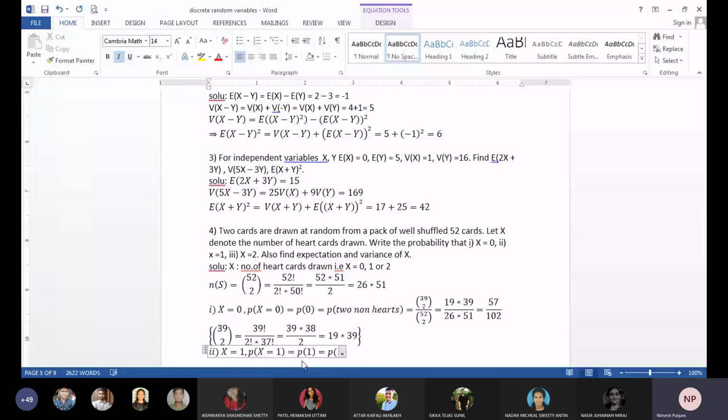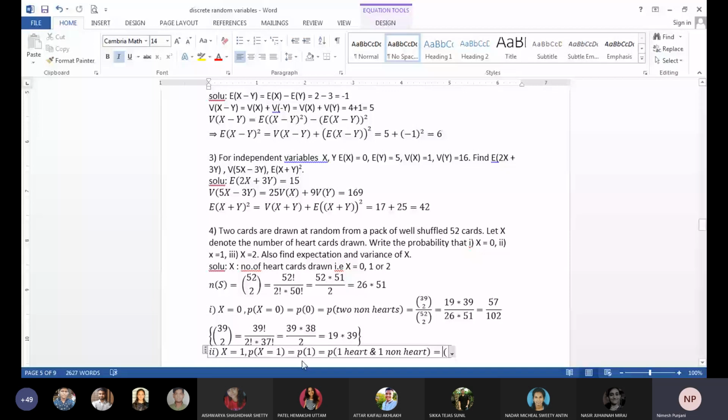X equal to 1 means what? 1 heart and 1 non-heart. Okay, 1 heart and 1 non-heart. So how many hearts do you have?